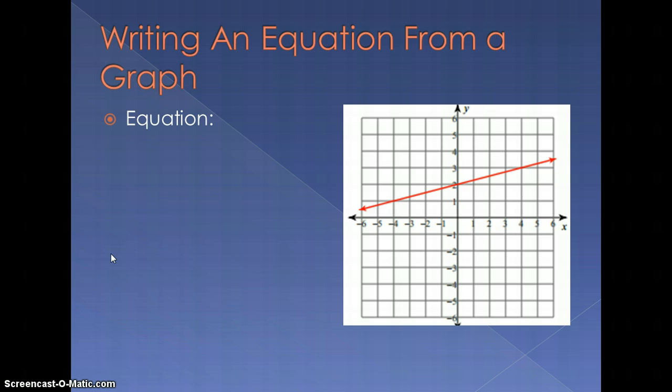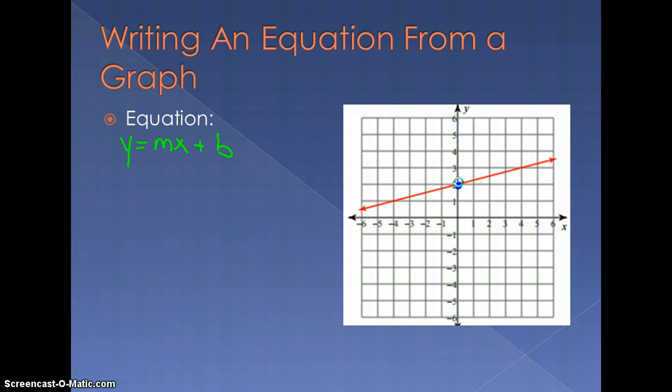Taking this to a different display, we want to write the equation of this line. Again, slope-intercept form is y equals mx plus b. The first thing I want to do is identify my y-intercept.